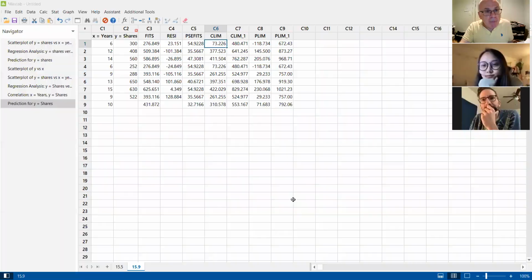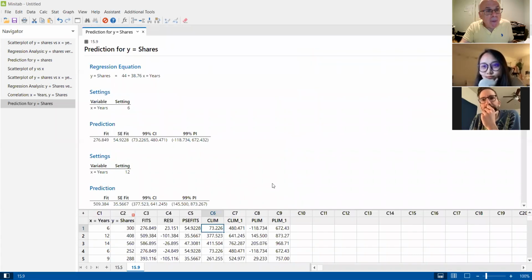If I ask for that, let's go back. The standard error of the fit, by the way, is 54.9228. Let me think about this for a minute.